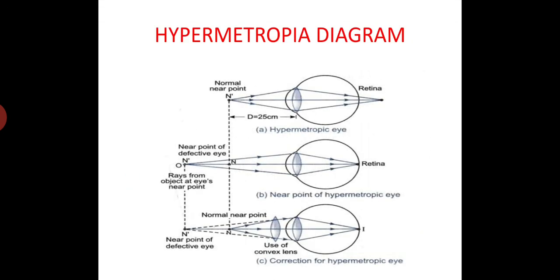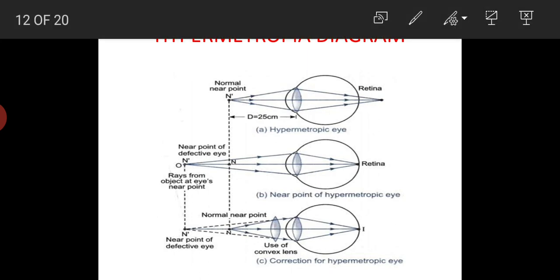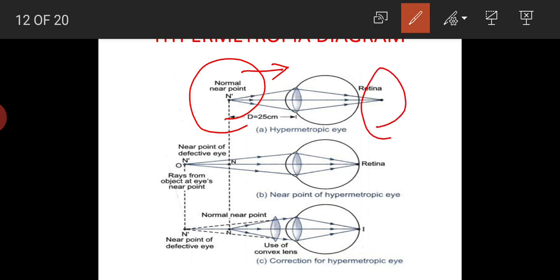So this is the hypermetropia diagram. In this diagram, if you take an object which is before the near point, the person cannot see the object clearly because the image is forming beyond the retina, whereas after the near point, if you keep any object, the person can see the object clearly because the image is forming exactly at the retina.